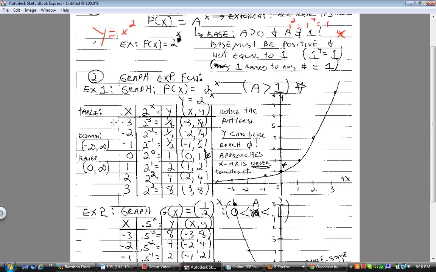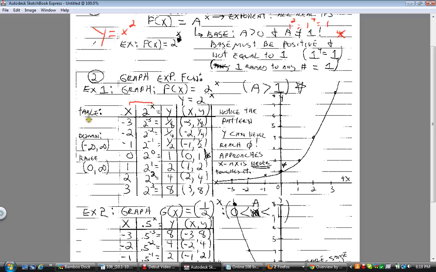Okay, so I pick a couple here. I want you to follow these details so you can study the fact that if you pick enough points, you can start to plot the graph and get a feel for it. Notice if I let x equal -3, you always take the value for x and put it into the exponent, and take 2 raised to the -3.